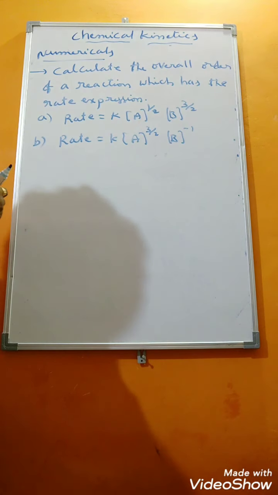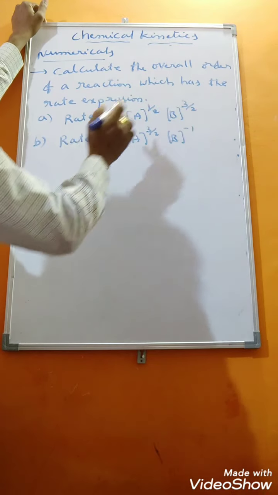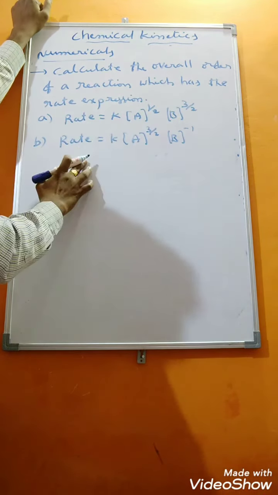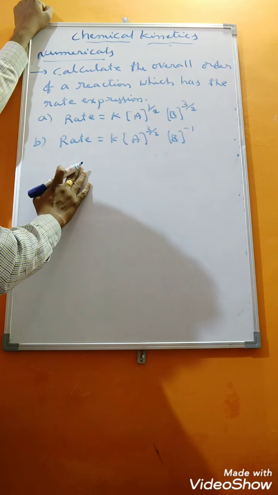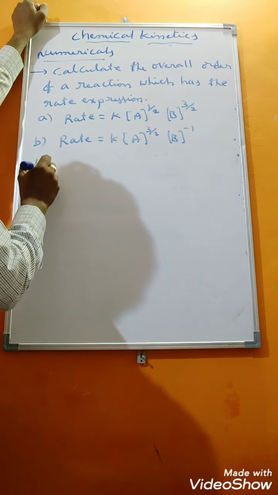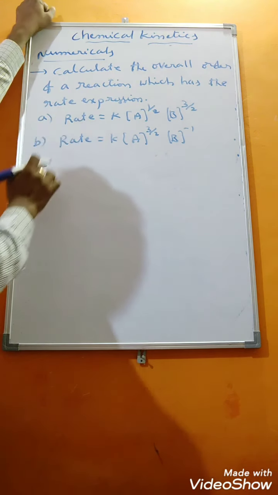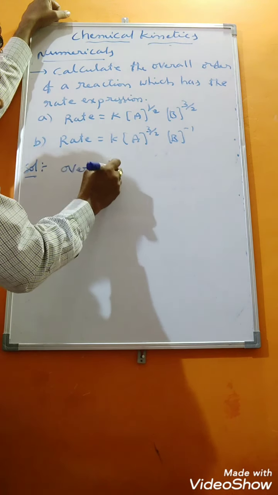Let us see one of the examples, one of the numericals. Calculate the overall order of the reaction which has the following rate expressions. See, they have given the rate expressions. By using the rate expression, we can identify the order of the reaction, right, students? First, part A, calculate overall order.